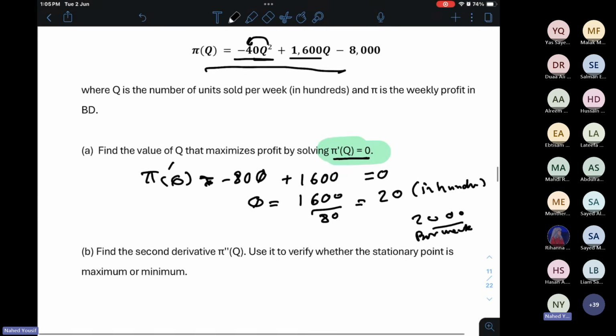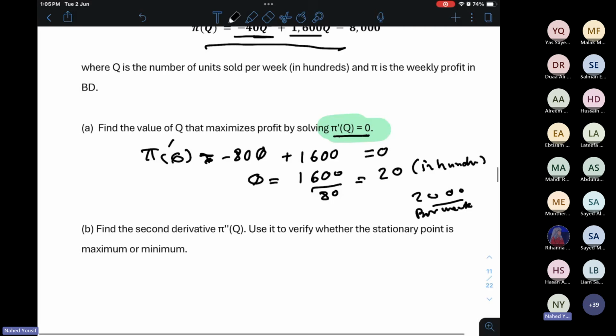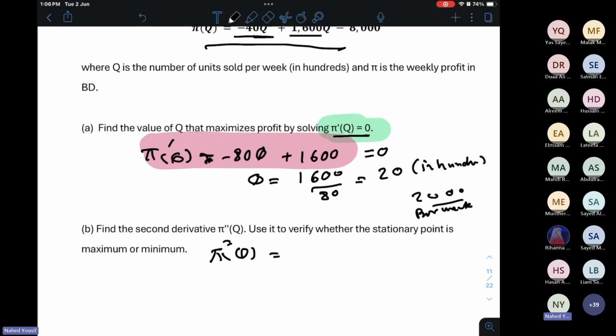Okay. Now they want us to use the second derivative to make sure it is a maximum or a minimum. So again, this is the first derivative. I have to differentiate it again. According to this, minus 80q will be just minus 80. This is the second derivative, which is less than 0.